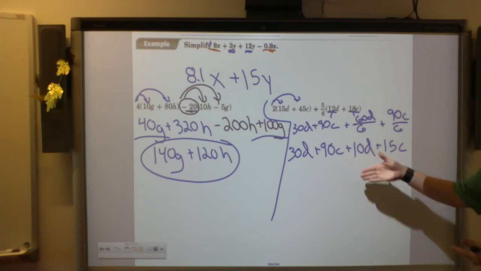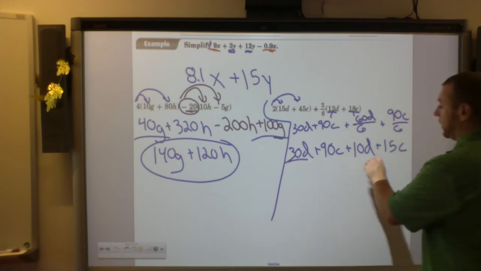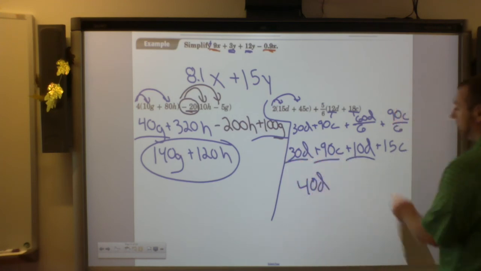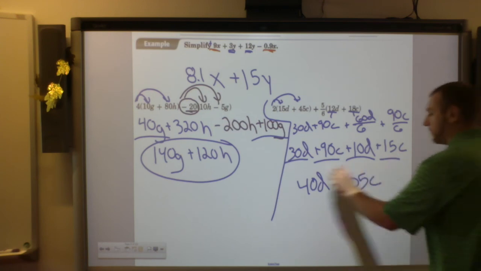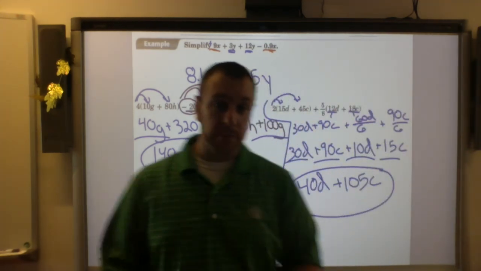I've just simplified that down. Now I can combine with no fractions whatsoever. 30d plus 10d is 40d. 90c plus 15c is 105c. And that is how I simplify algebraic expressions.